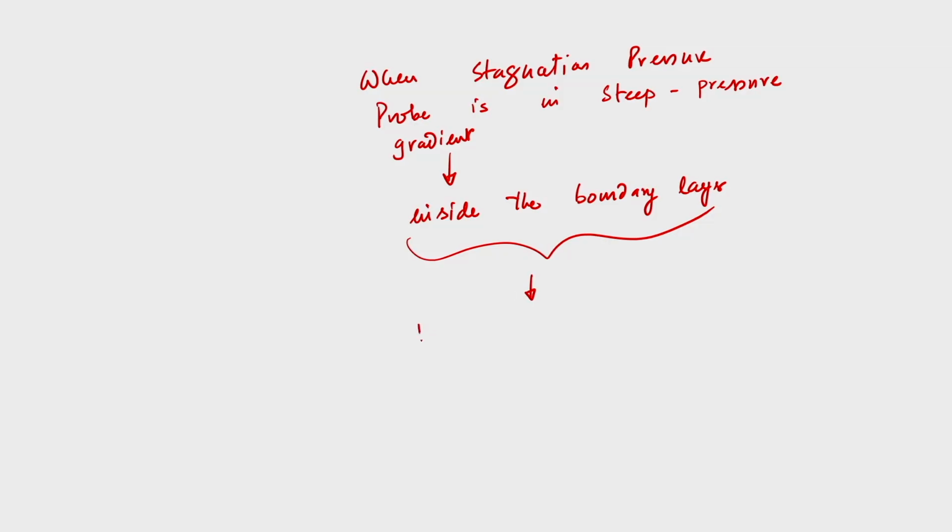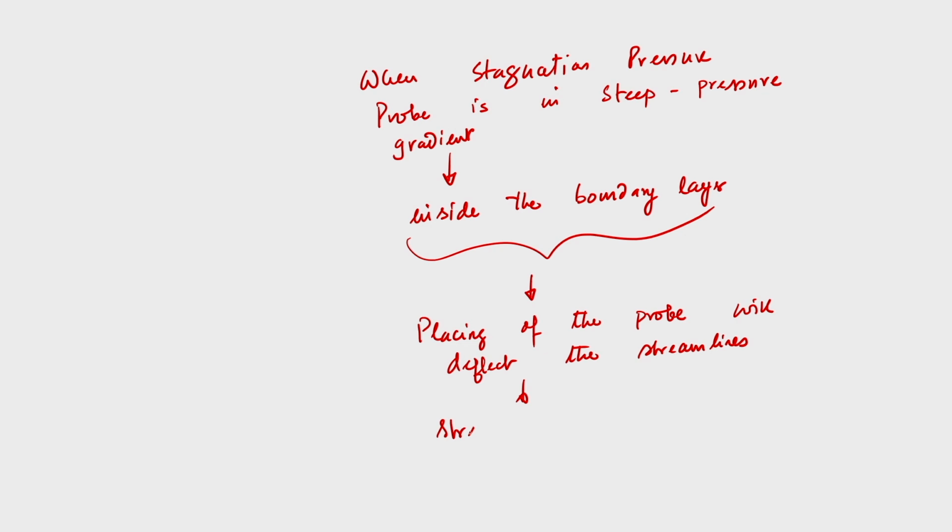Then the placing of the probe will deflect the streamlines, and the streamlines will be deflected towards the region of low velocity.